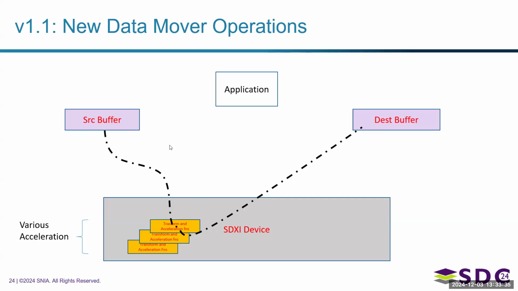We're trying to fight against time to get it into 1.1, but it might overflow to 1.2. But you can think about compression, encryption, hash, all sorts of operations that you can perform as part of moving the data from a source buffer to a destination buffer as all part of the purview of the charter.